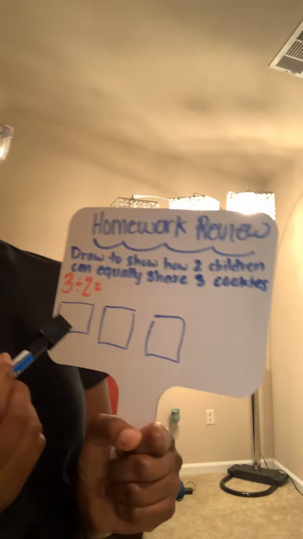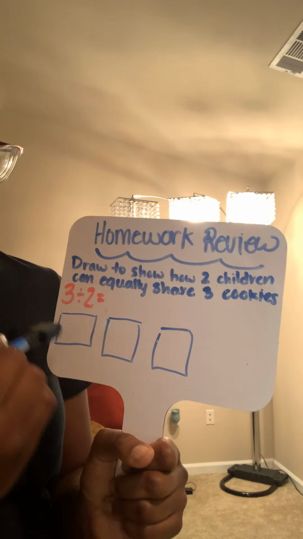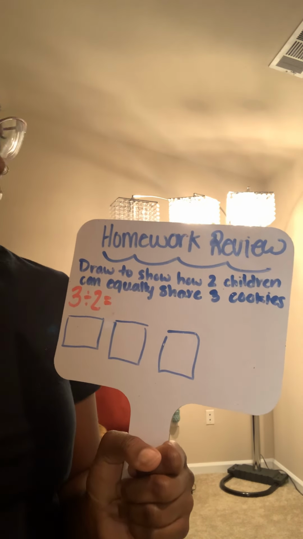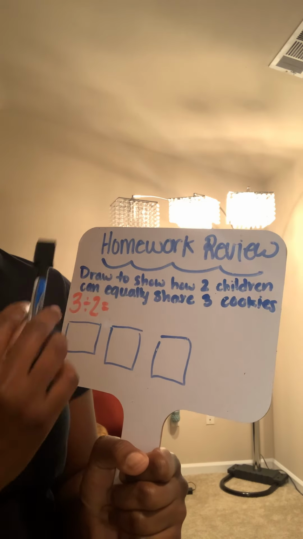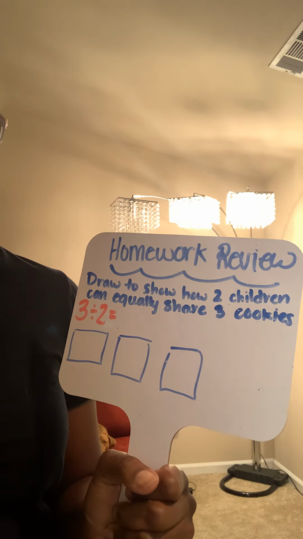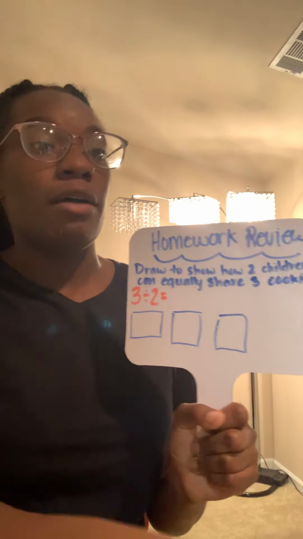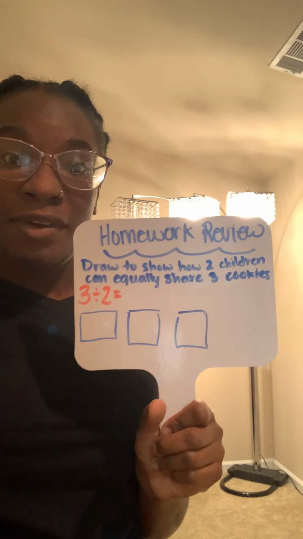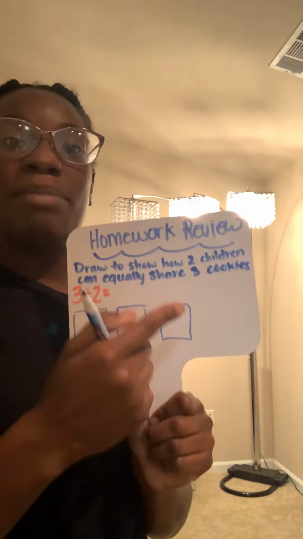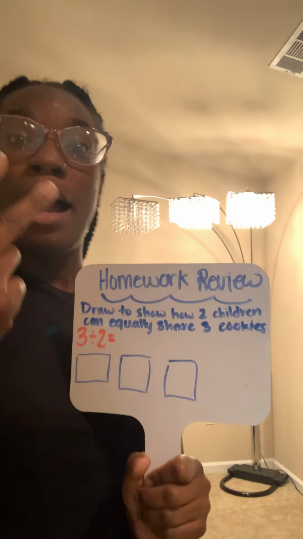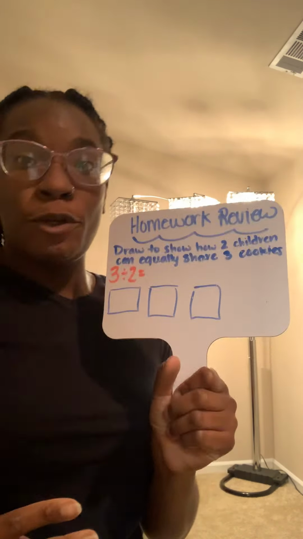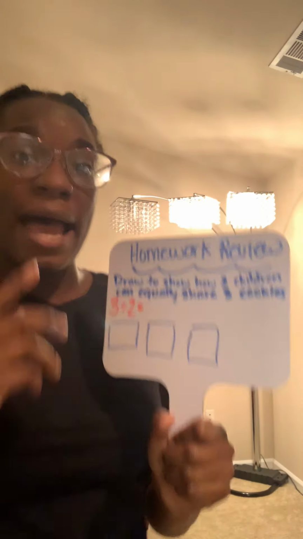All right, so we know that we are sharing the 3 cookies, which I've drawn here, and they're going to be shared between 2 children. So, first step we've got to do is divide our cookies by 2. First step we got to do is divide them cookies by 2.